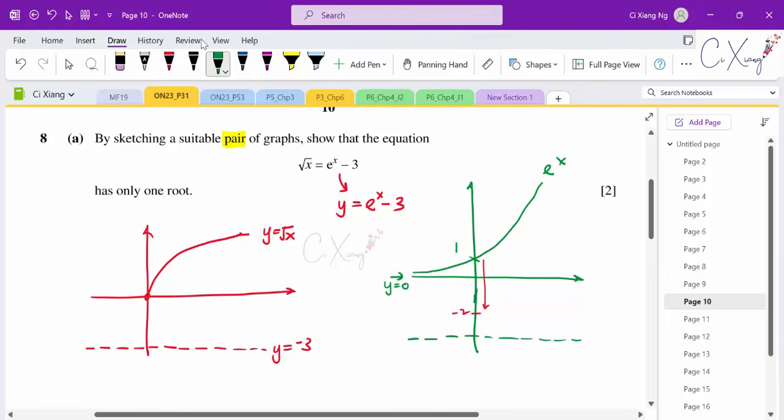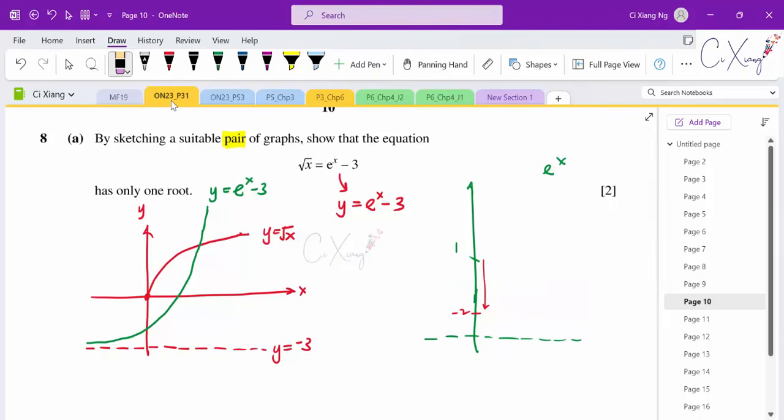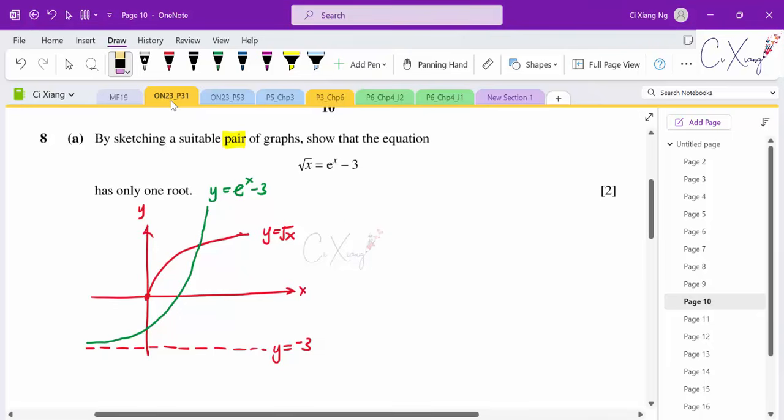If you try to sketch a diagram, basically your diagram should look something like this. The shape of the graph stays the same. You didn't change the shape of the graph, but we are moving the whole graph 3 units down. So this is actually y equals to e power x minus 3. Then how are we going to show that the equation has only one root? After you sketch the two graphs here, let's observe how many intersection points we have between the two graphs.